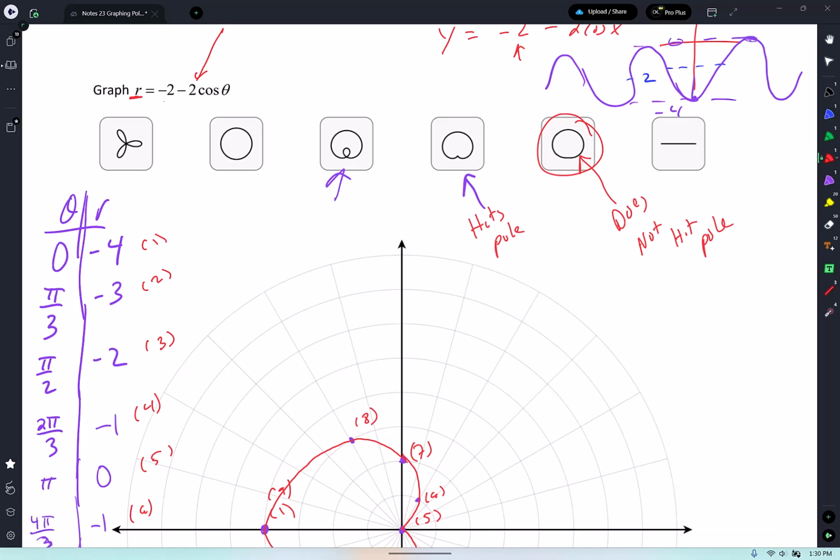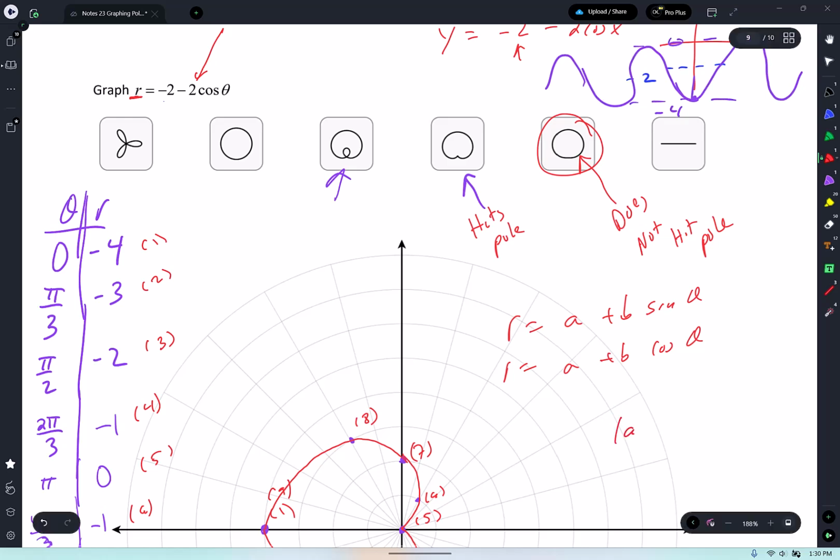General rule, you'll see that A and B are equal to each other at some point. You know what I mean? R equals A plus B sine theta, or R equals A plus B cosine theta. The magnitude of A will equal the magnitude of B. Or, how should we say it?